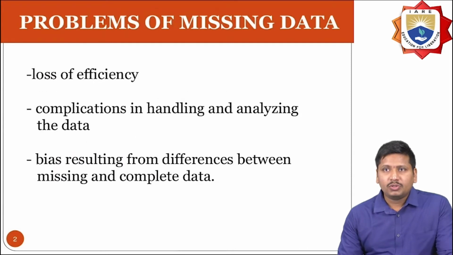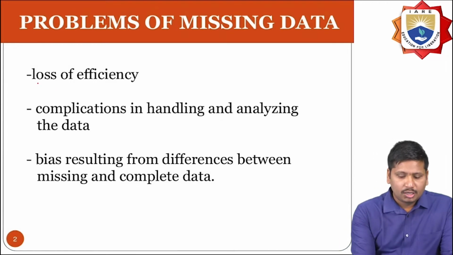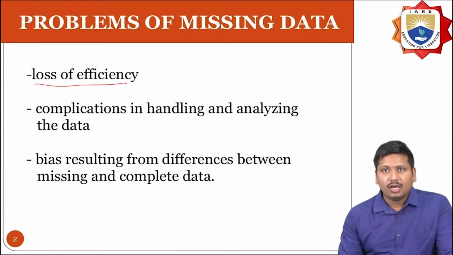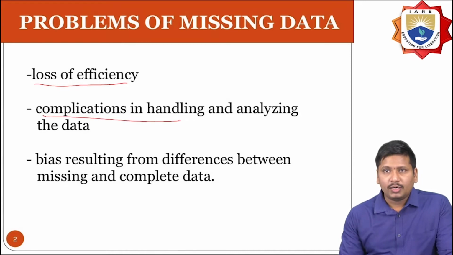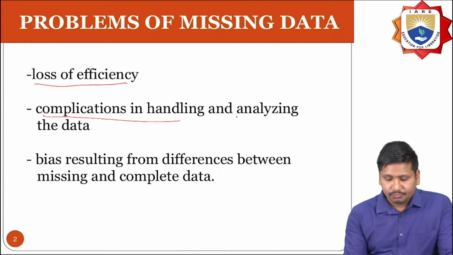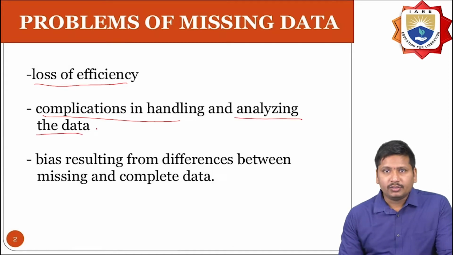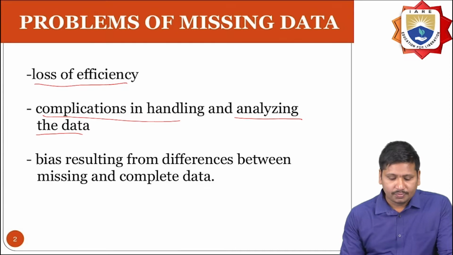And then what are the problems we face with this missing data? Loss of efficiency may occur, and the complications make it difficult to handle and analyze the data. Analyzing the data is also going to be difficult, whether it is a correct value or some other value it is holding.